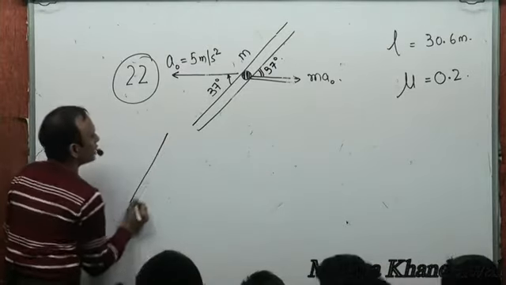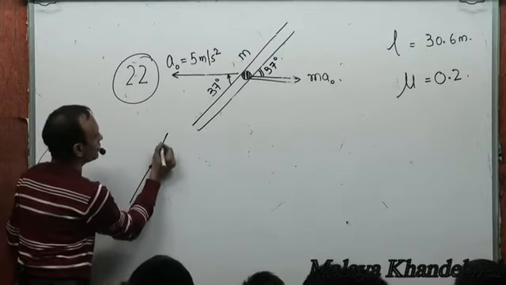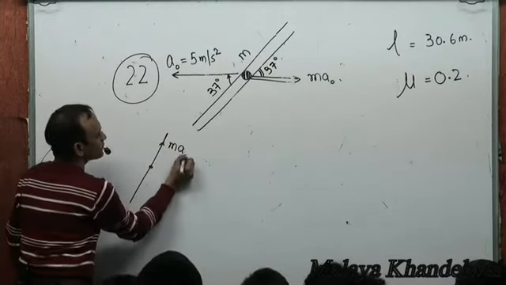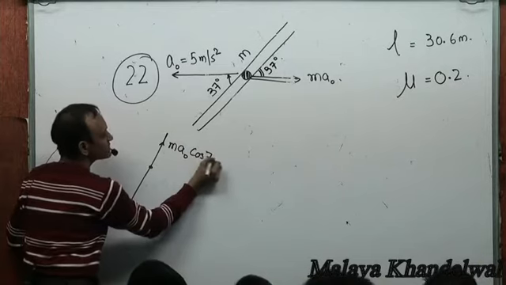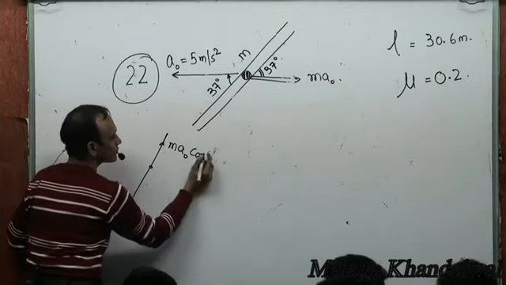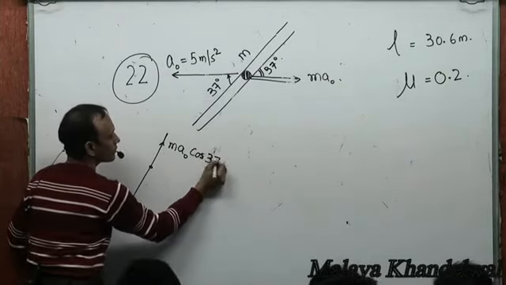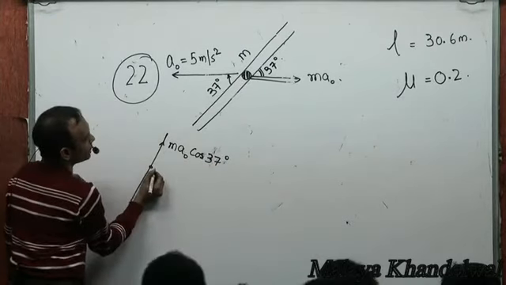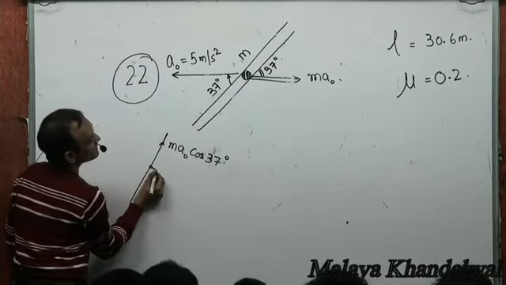Now this m a naught could be resolved as m a naught cos 37 degrees along the rod and m a naught sin 37 degrees perpendicular.